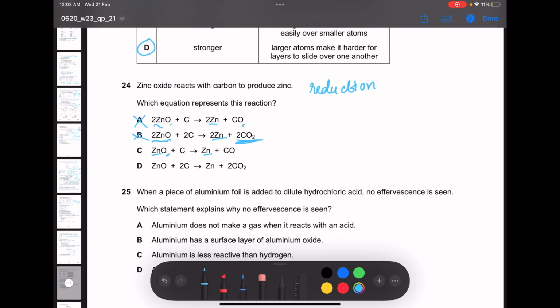This is balanced. What about D? 1 zinc with 1 zinc, 1 oxygen, and over here we have 4 oxygen. That's wrong. So for 24, it is C.